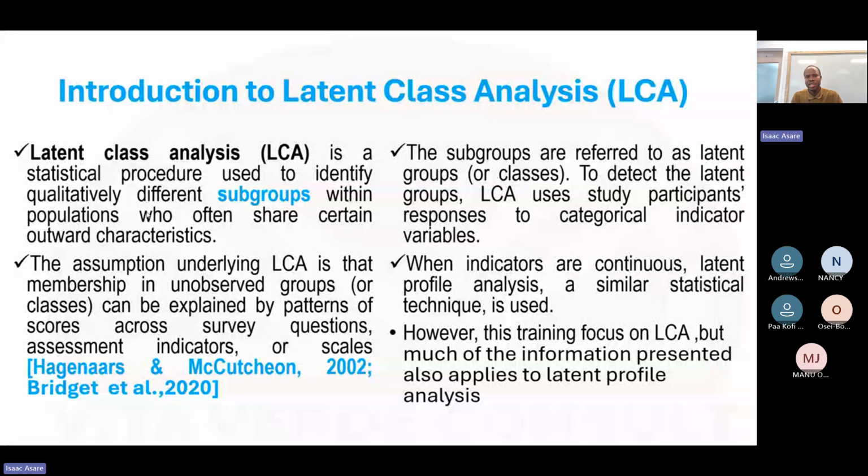Right, so to detect the latent groups, latent class analysis uses the study participants' responses to categorical indicators to determine their classes, or where they belong. So categorical indicator variables. It is based on the responses that you get.